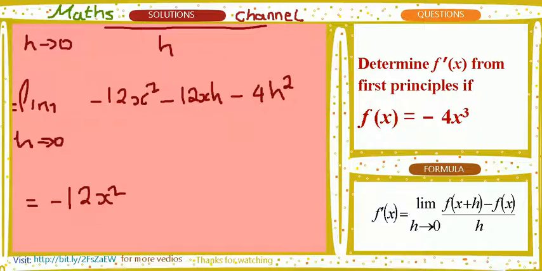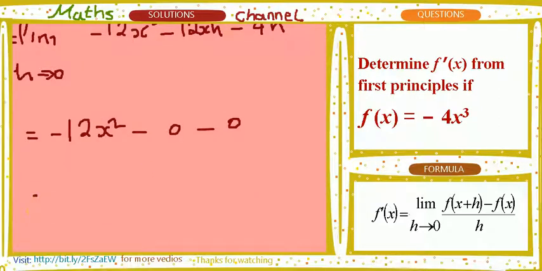This one becomes 0, so we'll have 0 and 0, because 0 times this is 0. So the final answer using the limit, you have something like this. So this is the answer.